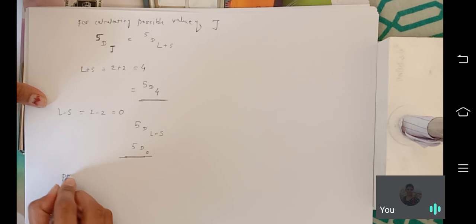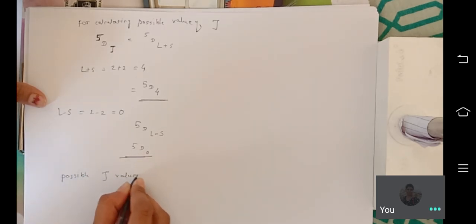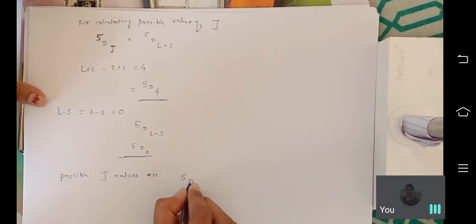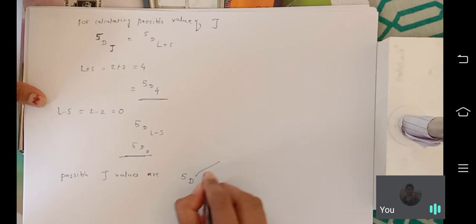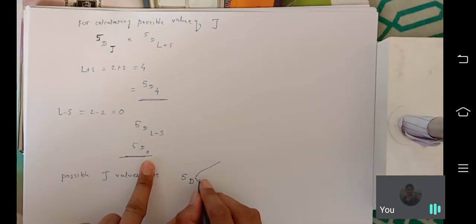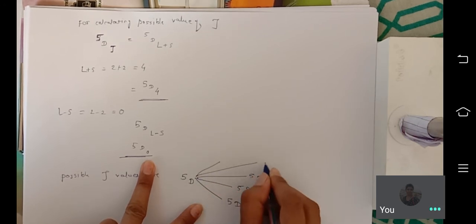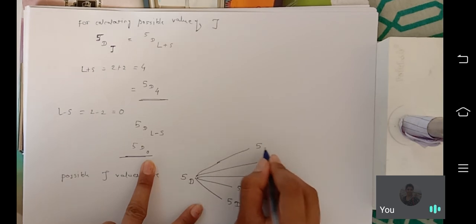So the possible J values are: the ground state term is quintet D, here 1, and the last is quintet D0. Again quintet D1, quintet D2, quintet D3, and the last is quintet D4.